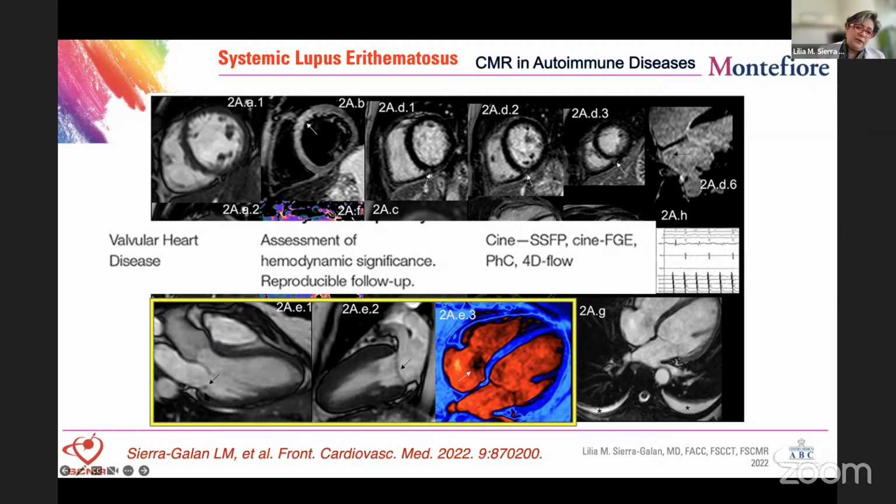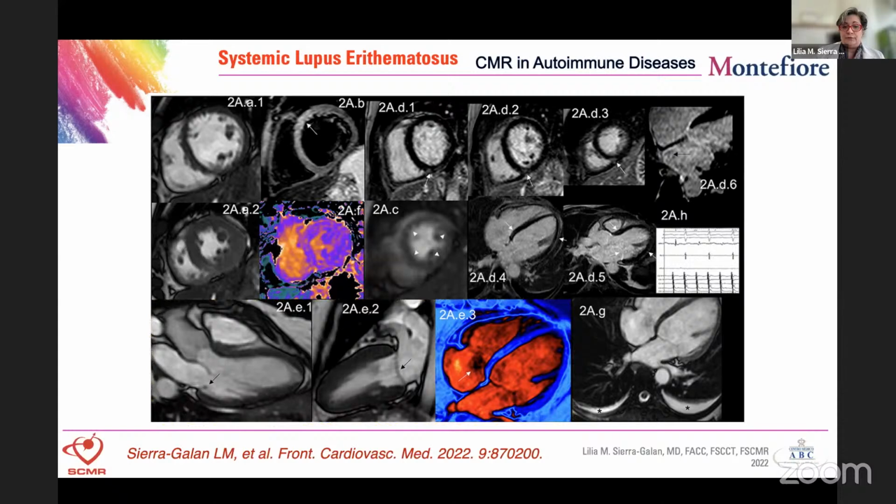So, for example, here we have a Libman-Sacks endocarditis, which was confirmed by a biopsy. Then the valvular thickening, as we mentioned before, or the valvular dysfunction, in this case tricuspid regurgitation. So those findings are very common, and we have to be aware of that and look for those.